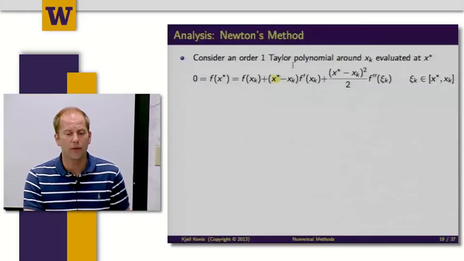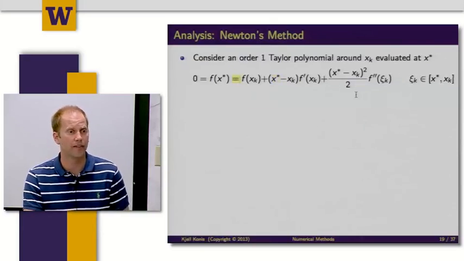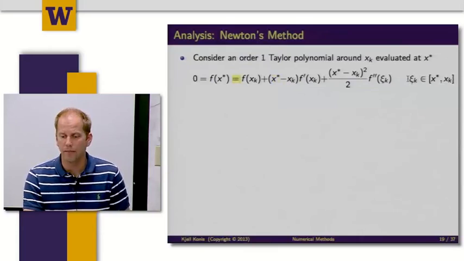I don't know what this is, but if I did, this would be a Taylor polynomial for it. And I've also put in the derivative form for the error, so I actually have a true equality here. This isn't an approximation. The only problem is I need this c.